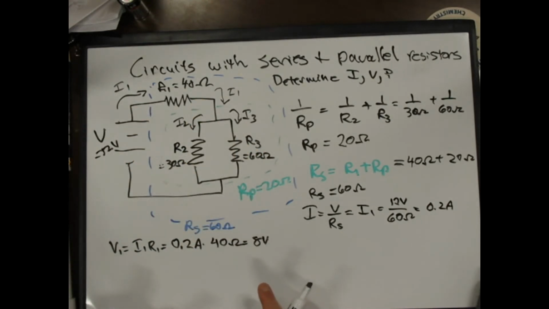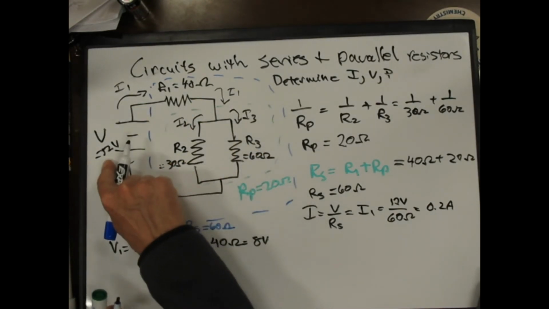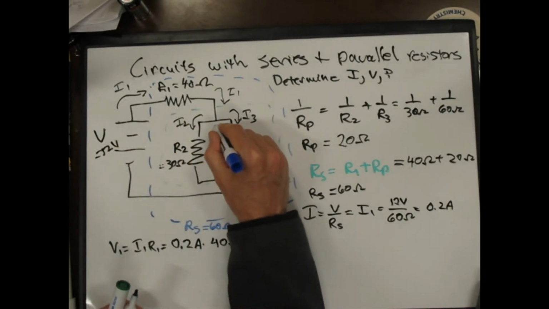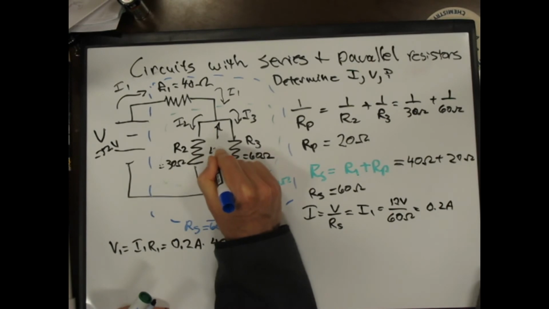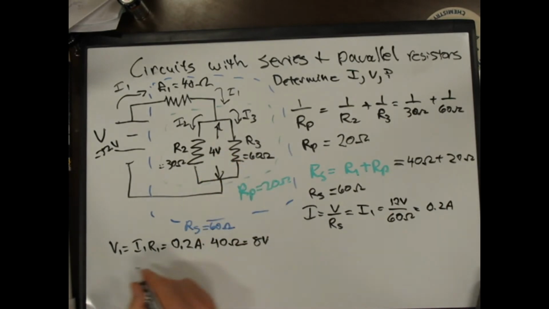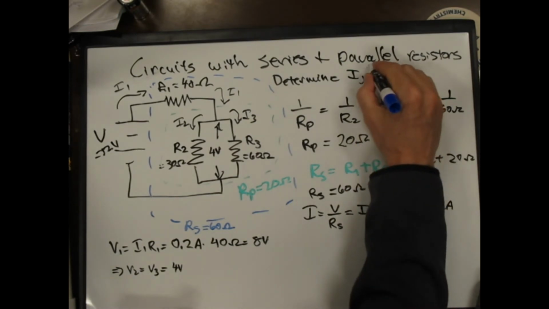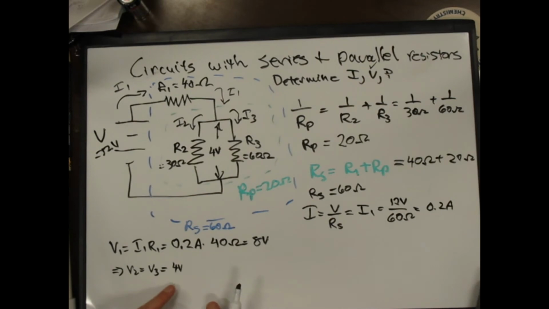And what that tells me is that since this is 12, what's left for these guys here is 4 volts. And so that means that V2 equals V3 equals 4 volts. And so now I have all my voltages: 8 volts for V1 and 4 volts for V2 and V3.